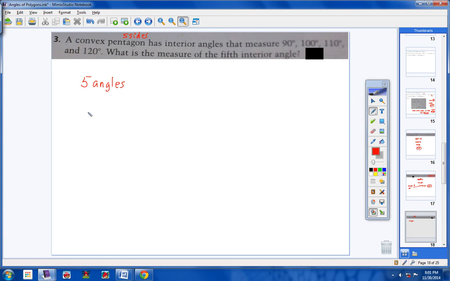I know 4 of those angles: 90, 100, 110, and 120. Well, let's find the sum of all 5 angles.